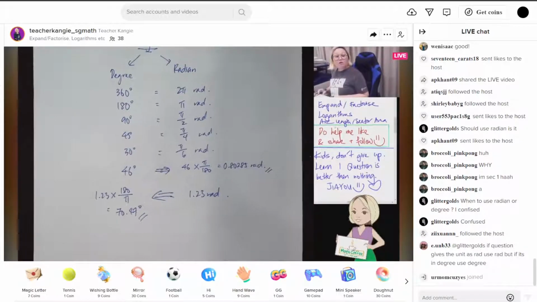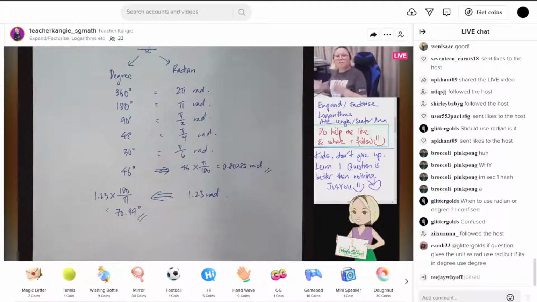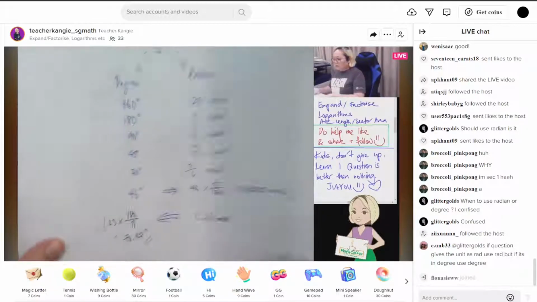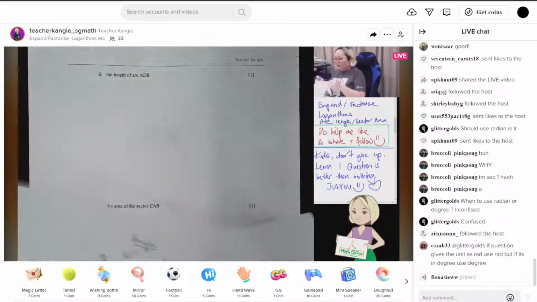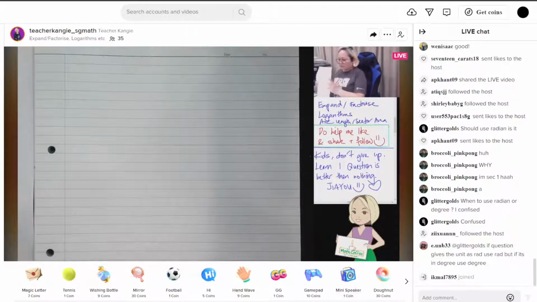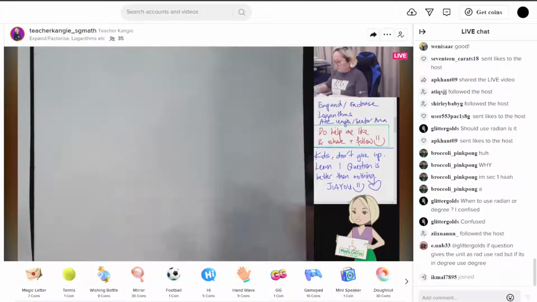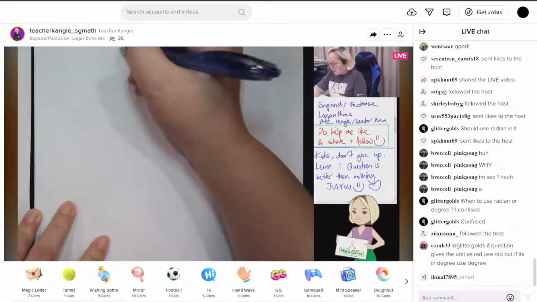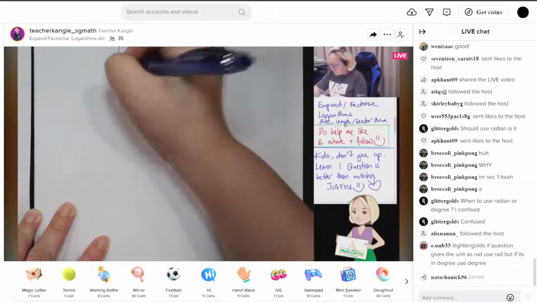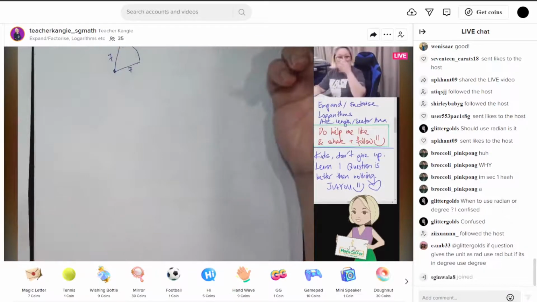So this is how you convert between degree and radian, understand? Next are the two sets of formula regarding arc length and sector area. If I have something like this, to make it easy, this is 7, this is 7.